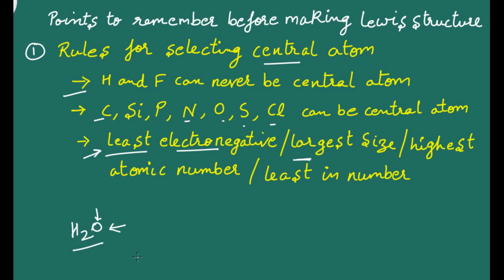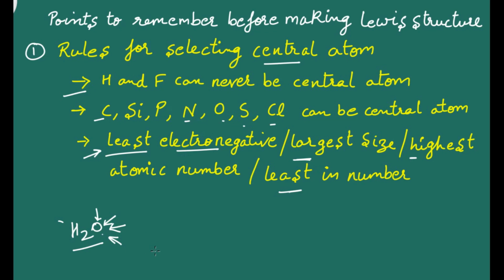Oxygen is larger than hydrogen. Or highest atomic number. Oxygen has an atomic number higher than hydrogen. Or least in number. Oxygen is 1 and there are 2 hydrogen. Which is lower in number? Oxygen. So out of 5 conditions, 4 conditions are in favor of oxygen.